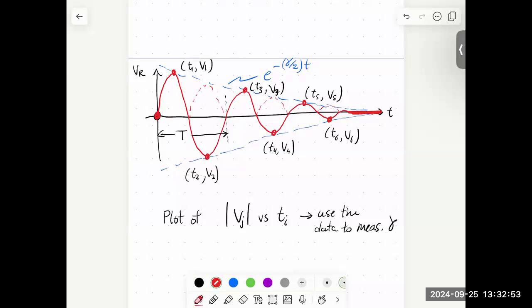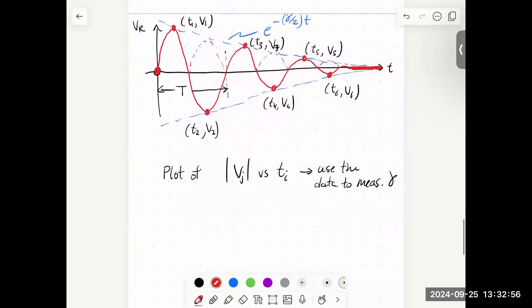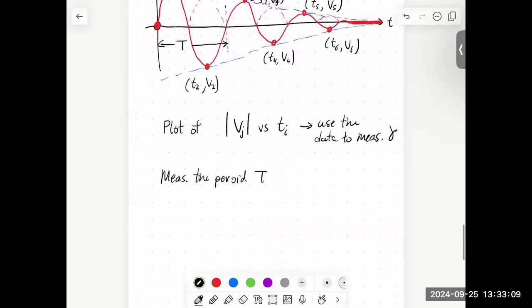Okay, the other thing you'll measure is the period T. And so let's remember, omega naught is angular frequency.